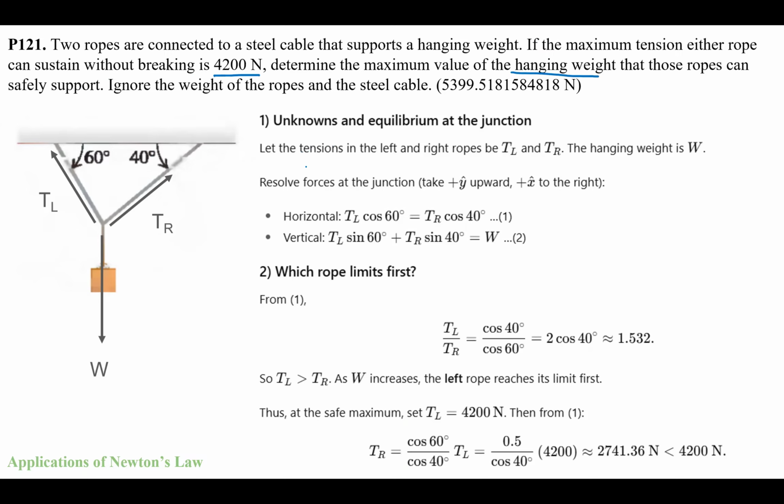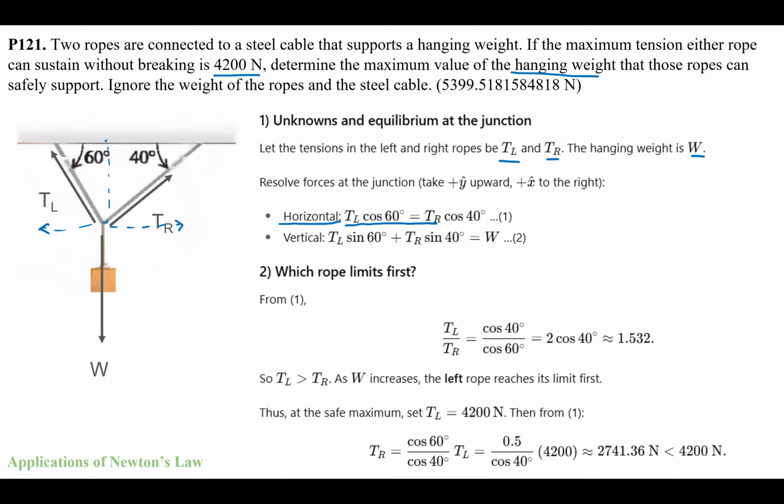So we need to find out what is actually given. Let the tensions in the left and the right be TL and TR, and the hanging weight be W. Then we resolve the forces at the junction, and let's say the y direction is positive. We note that the horizontal forces should cancel each other.